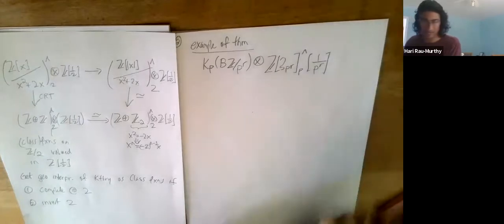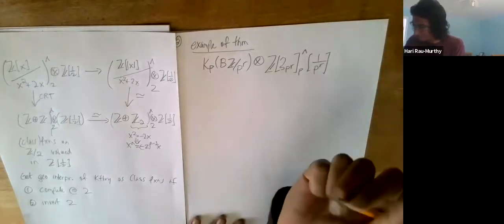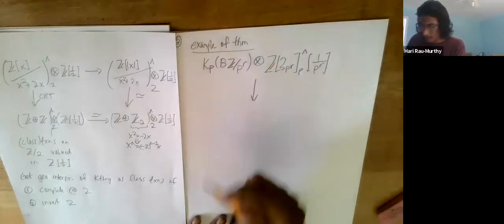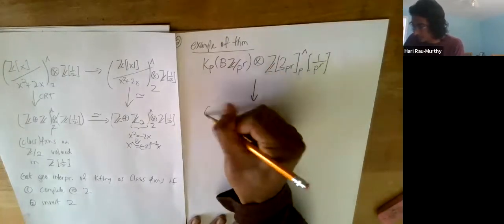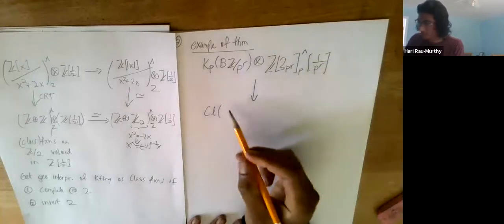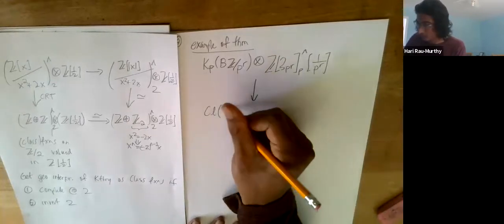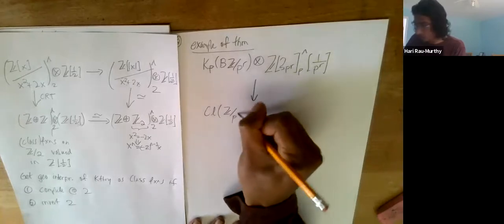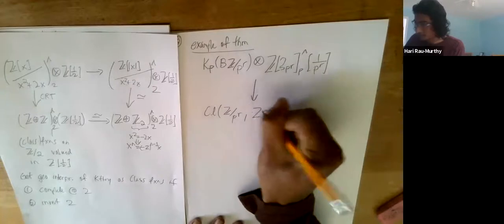And the theorem is that this is isomorphic to class functions on Z mod p to the r valued in this same ring.